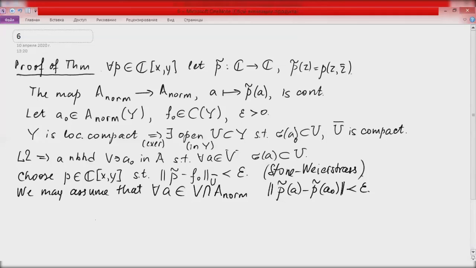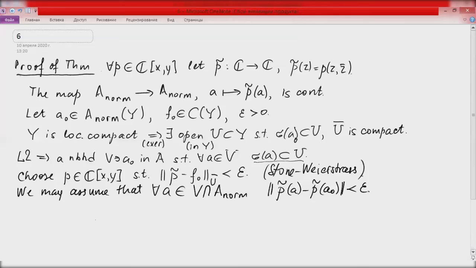Oh, I'm sorry. I would like to come back once again to this formula. Formally, this is not entirely correct because U is not necessarily open in the complex plane. So let me repair this part of the proof.